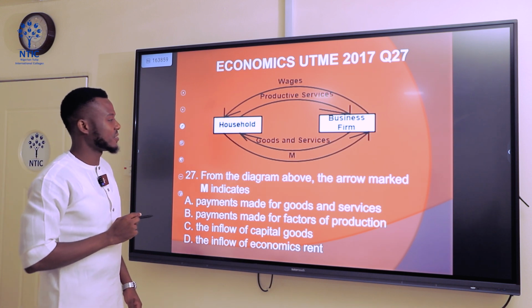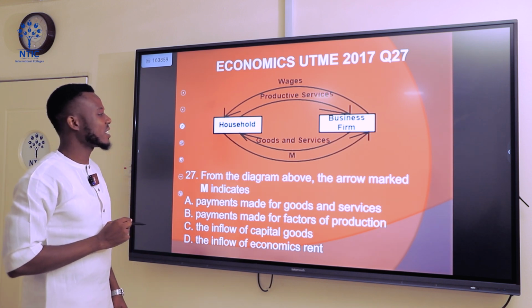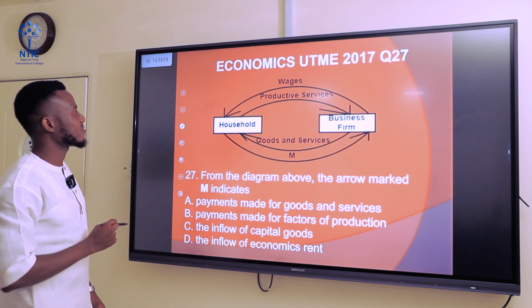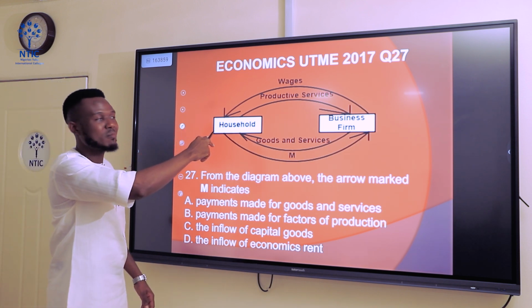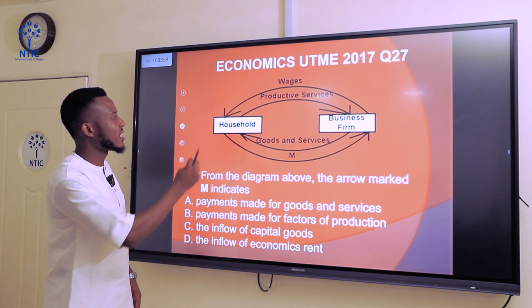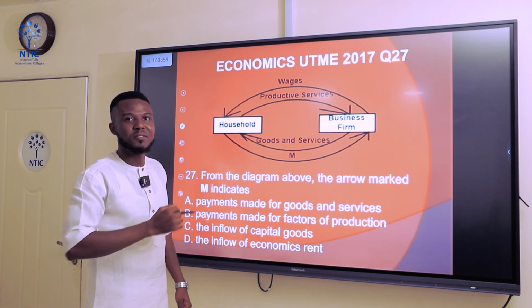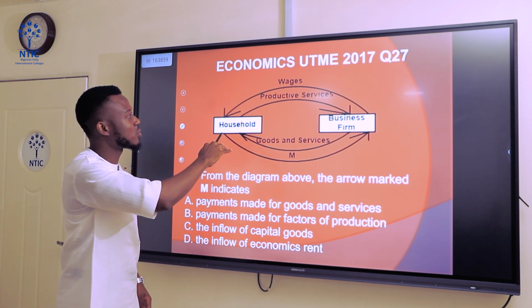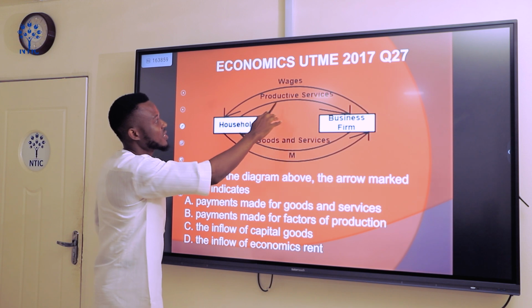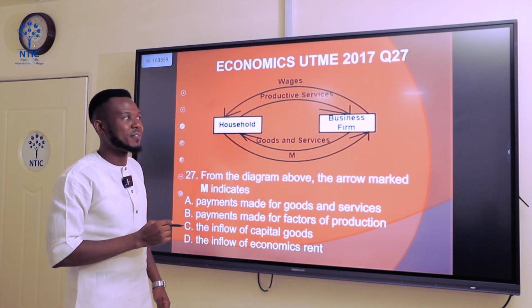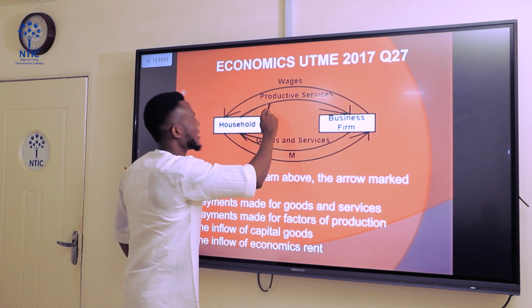Question 27. From the diagram above, the arrow marked M indicates... Looking at the diagram, we see a two-sector model of national income, the household and the business firms. The households are responsible for providing the labor services or productive services needed by the firms to carry out their activities. So this is indicated by this arrow.